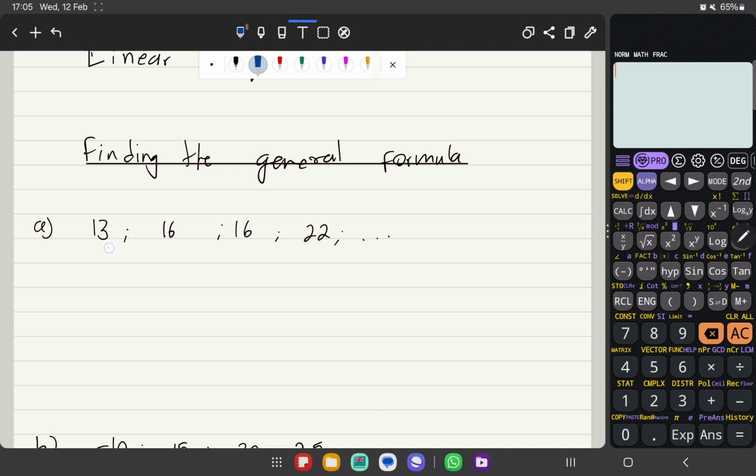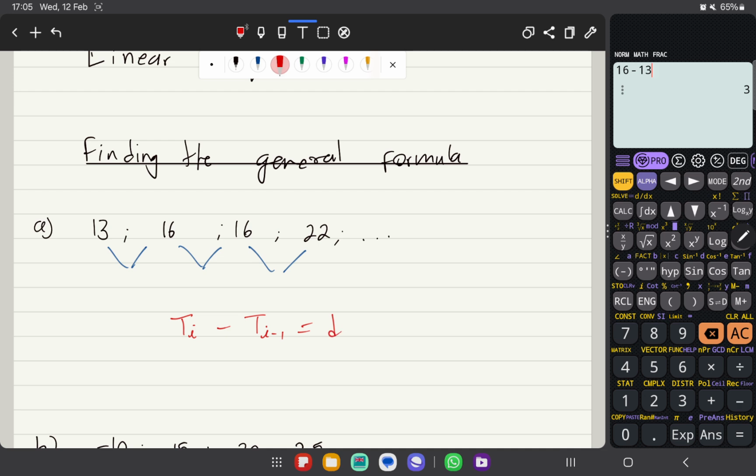If you have something like this, the first thing you have to do is find your difference, which of course is your common difference. You can just say, for example, here 16 minus 13. Also something I didn't say, to find your common difference, from grade 10, of course, you just say d equals ti minus ti minus 1.